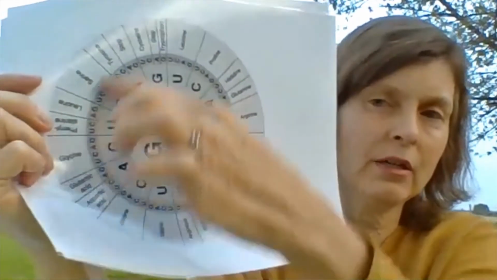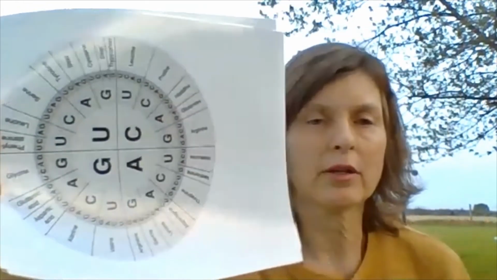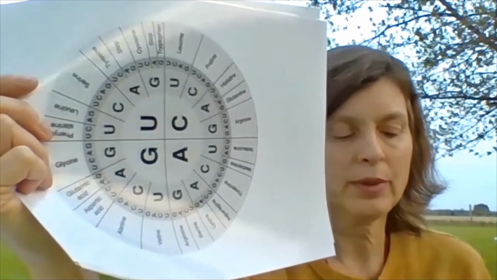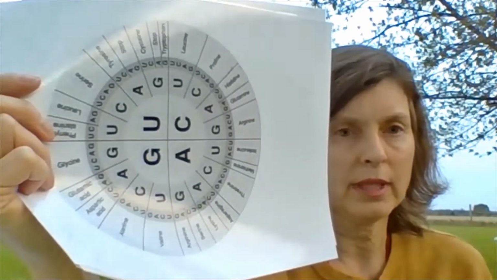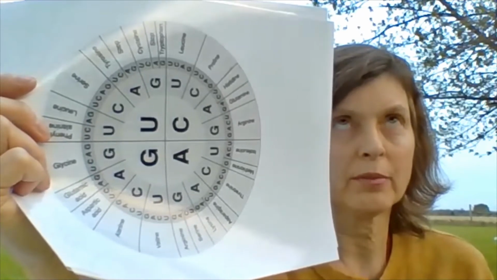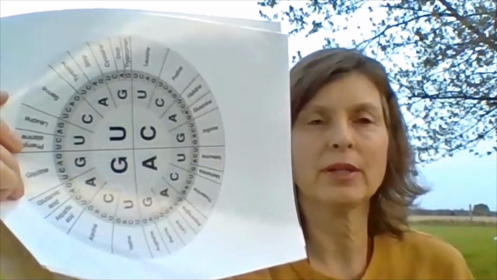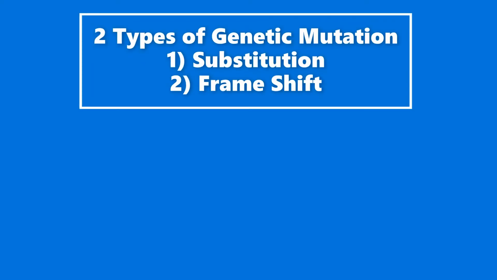So you find along the wheel that there are several ways of getting the same amino acid, and that is a way that the body actually allows for a little bit of coding error without there being disasters. And then of these two, frame shift is most likely to cause a bigger deal.